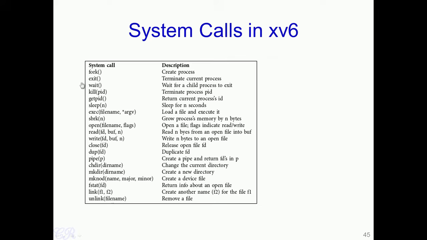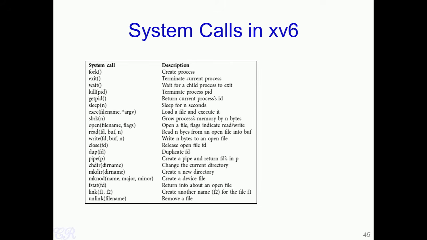Each of these system calls would be executed by having a software interrupt such as INT 64, because it is XV6. So, each time any of these system calls are invoked by a user process, it would trigger the operating system to execute.